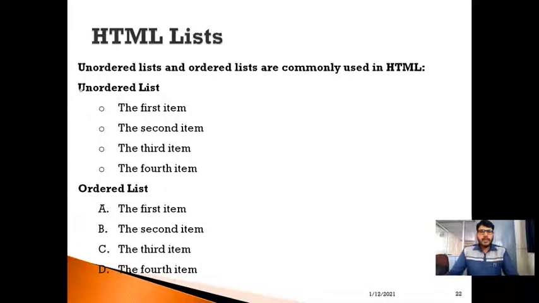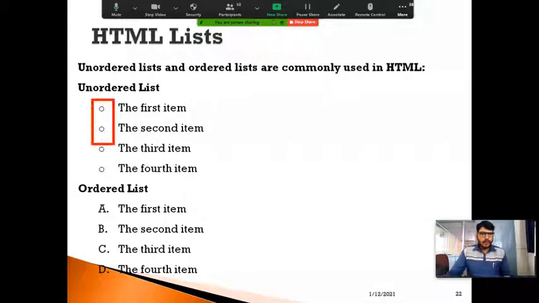So we can create an unordered list like this. You can observe here, I'm listing out some items, and you can observe these are nothing but bullet points. So these are unordered lists, and I'm going to highlight with a circle.